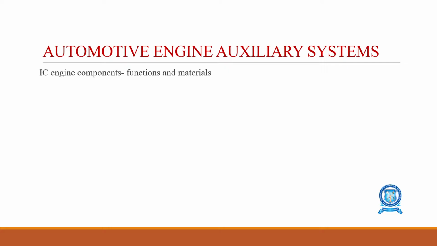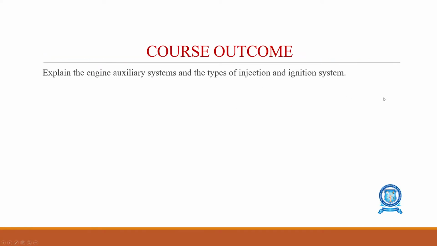Under this topic we are discussing IC engine components, functions and materials. We have already discussed the course outcome. After successful completion of the first unit, the students can explain the engine's auxiliary system and the types of fuel injection and injection systems.